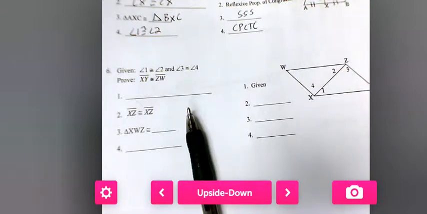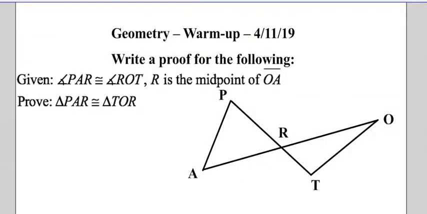Yes, Cole? Good. You guys should be doing this right now. I'm not sure why you're doing anything else. If you're finished, start working on your homework. So you can do alternate interior angles either way.